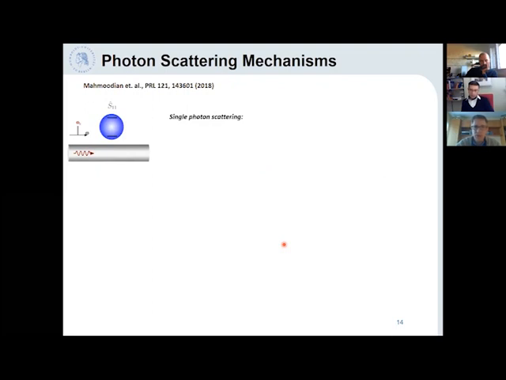So when we look at single photon scattering, as I said, this is elastic in the sense that the atom does not change the energy of the photons, and it will lead to an exponential attenuation of the one-photon component propagating along the fiber.